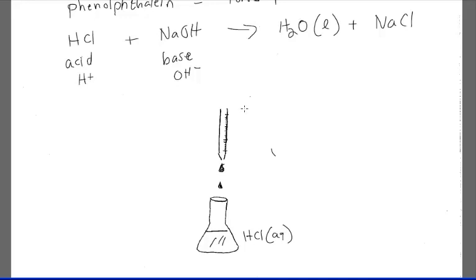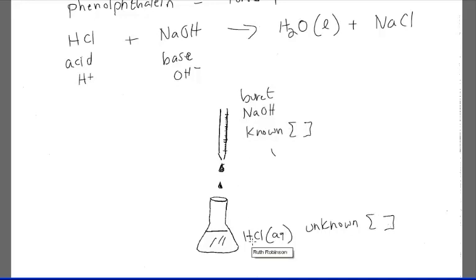And we have sodium hydroxide, the base, in a burette, which is a graduated tube that will allow us to dispense the liquid, and it's at a known concentration. HCl is at an unknown concentration. We add the base drop by drop to the HCl until we see a color change, and at that point we know that the number of moles of OH minus equals the number of moles of H plus.